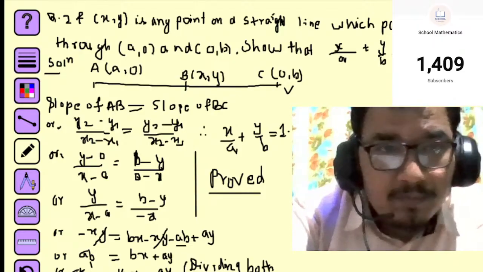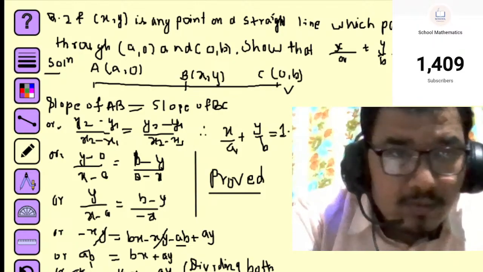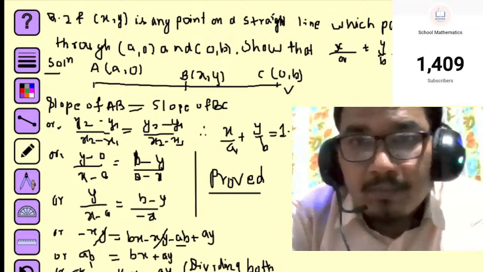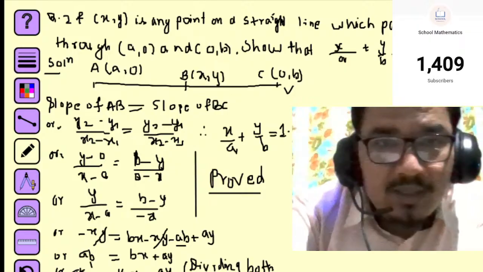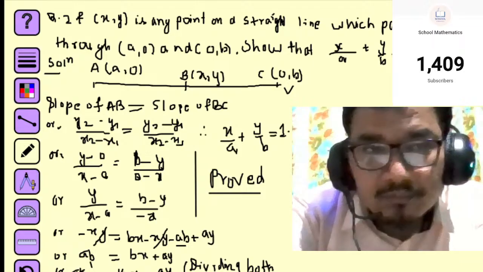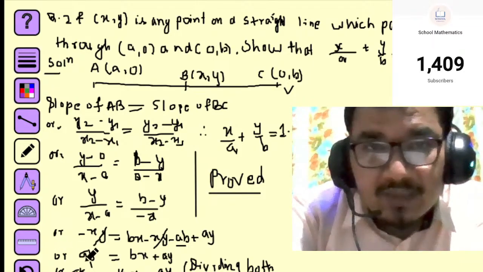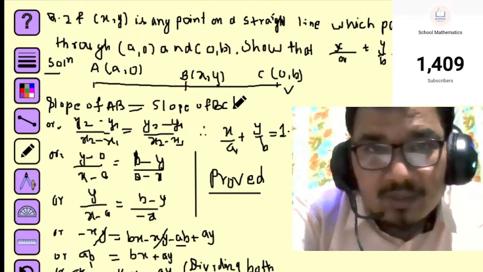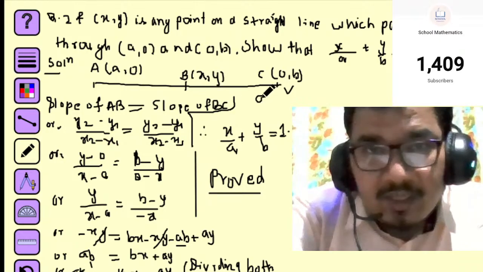Some part is hidden here, I want to make it a bit clear. Both sides were divided by AB.